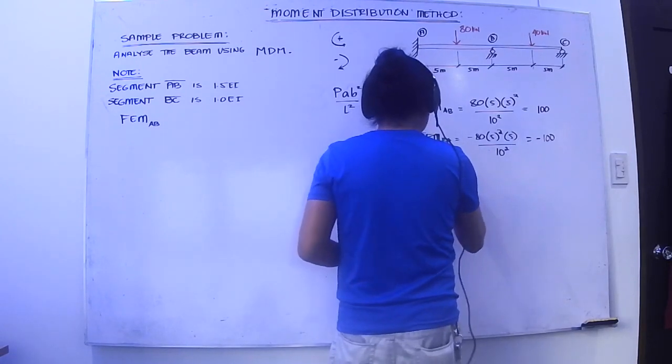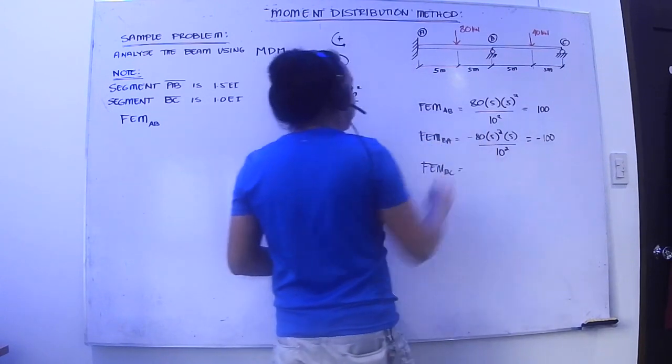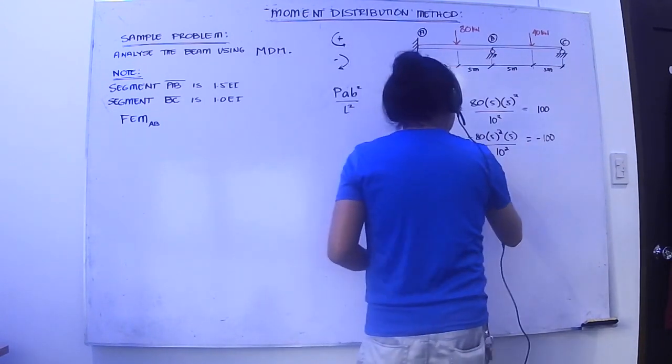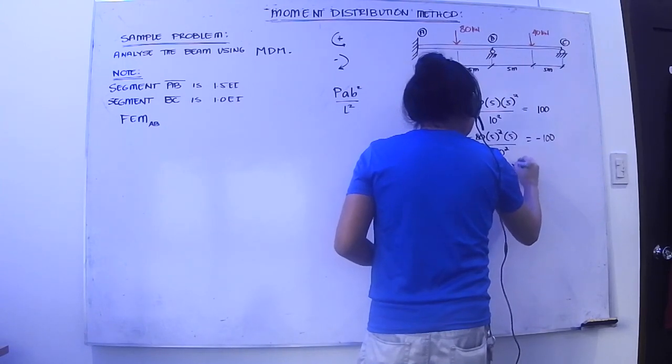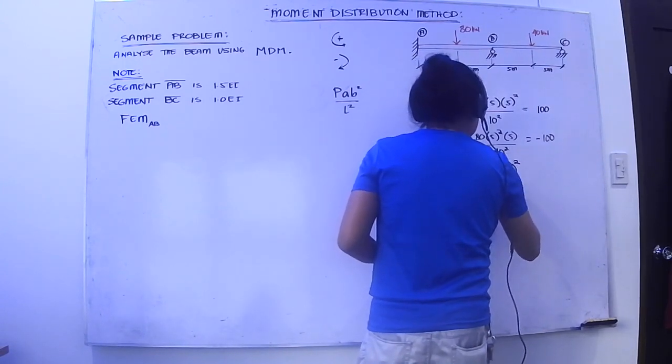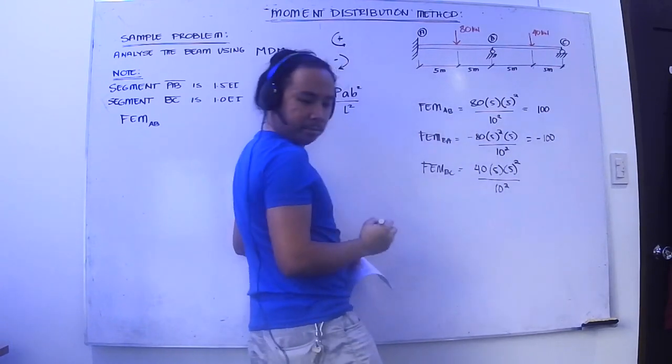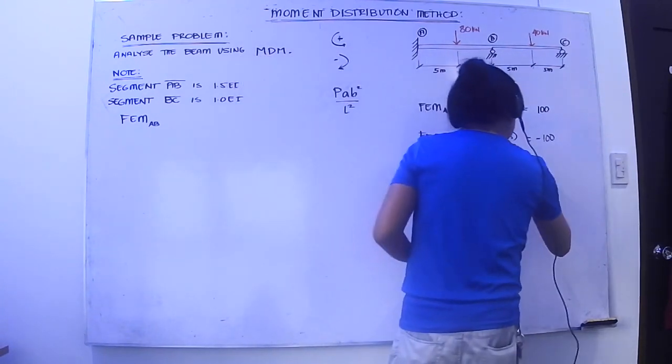Now for FEM BC: with 40 kilonewtons and 5 by 5 over 10 squared, that is just 50.